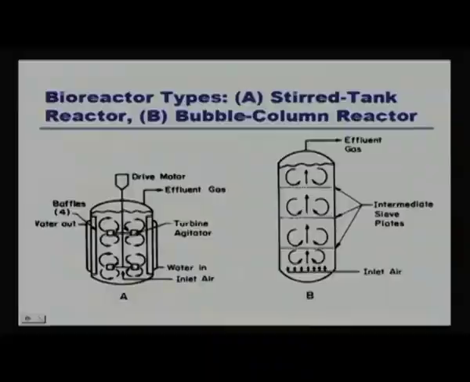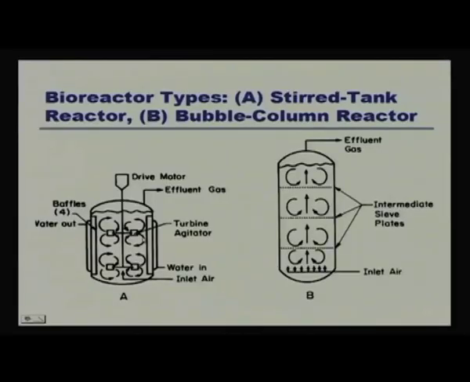We use this impeller to rotate so that uniform mixing will be there. Uniform mixing not only for oxygen, but for nutrient and other parameters which are associated with this particular reaction type.